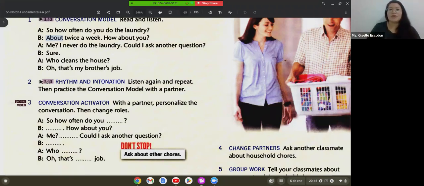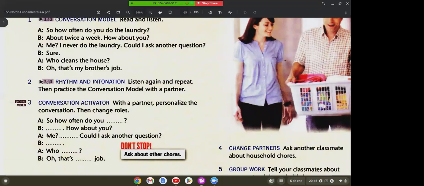So if we are going to say every day, si vamos a decir todos los días, we can just say every day. Vamos a decir únicamente every day, para no decir como todos los días. Because that doesn't sound correct, no tiene mucho sentido, no suena bien.